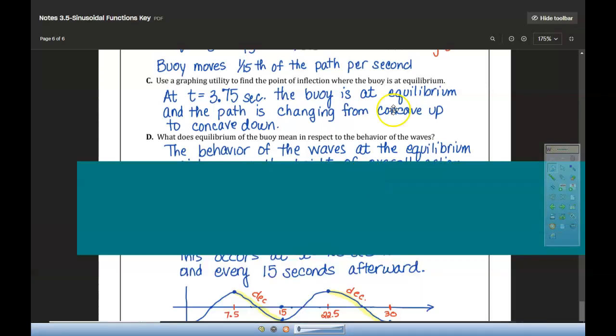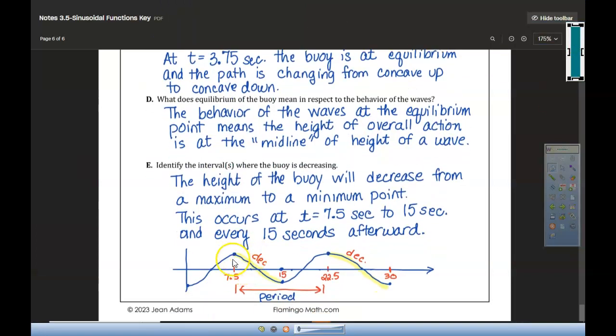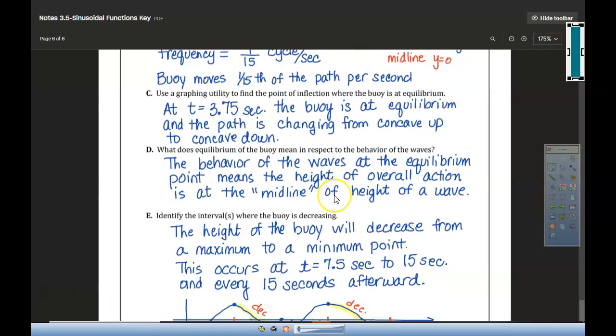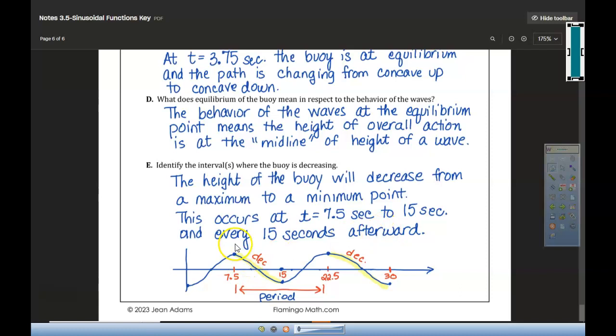When is it decreasing? That's a good question. Well, when we looked at our graph, one period is 15, right? So, it doesn't tell us where, but we'll figure it out. We started at the bottom.